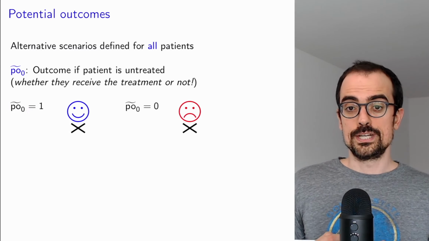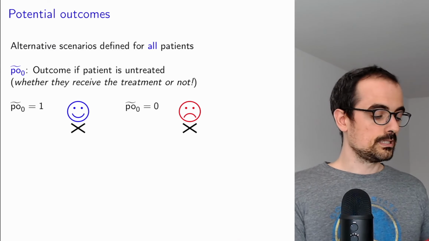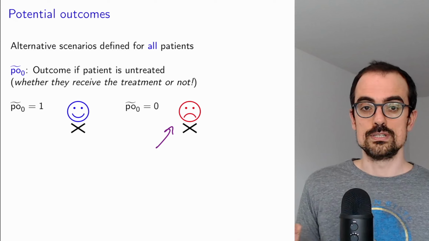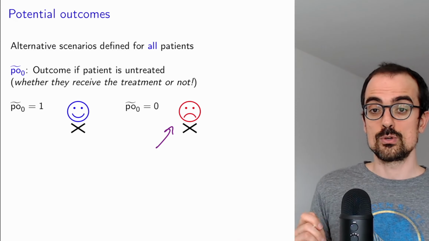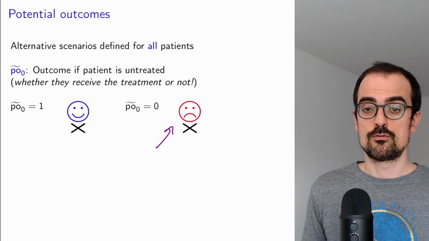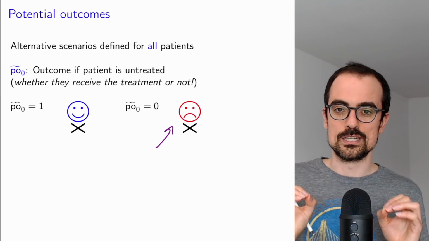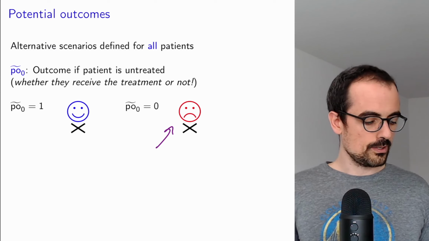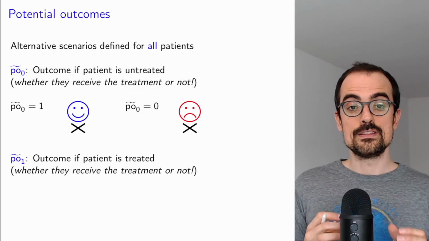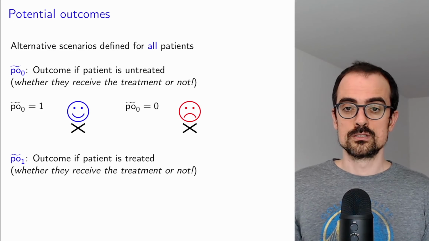If PO0, the potential outcome associated to not treatment, is 0, then that means that the patient would not have recovered if they did not receive the medicine. And again, this is defined regardless whether they received the medicine or not. In particular, it is defined for patients that did receive the medicine, and that's the key thing that we need to understand. Conversely, we have the potential outcome associated with treatment that tells us what would have happened if the patient was treated, regardless whether they were treated or not.